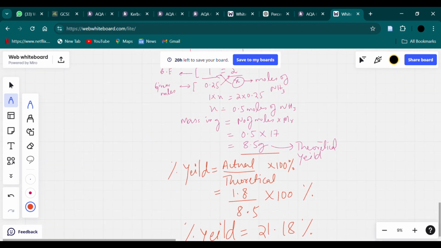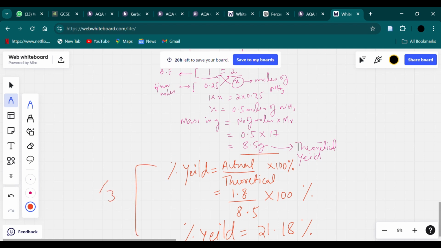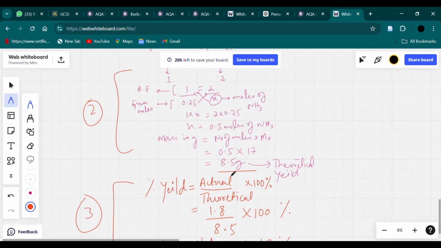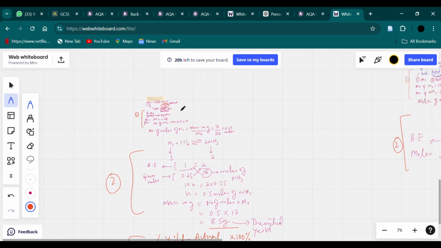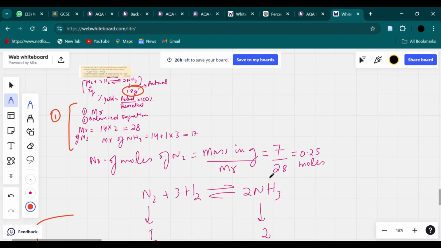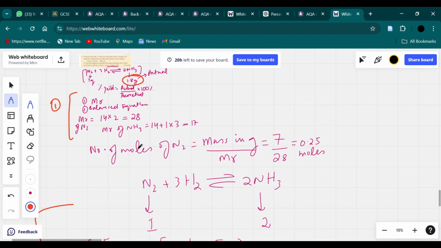Okay, so this would be our third step, and our second step is to find the moles through taking ratios. So in our first step we found the molar mass and the balanced chemical equation. Through that we found the number of moles of nitrogen.